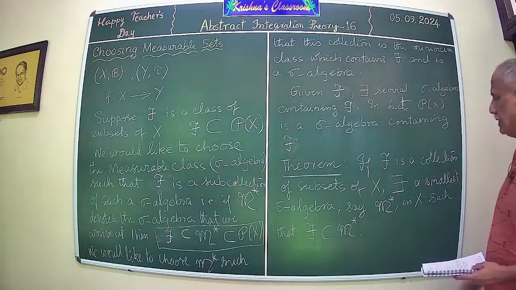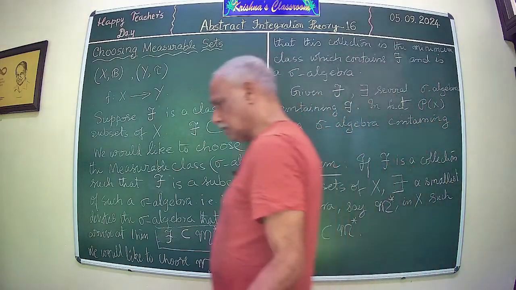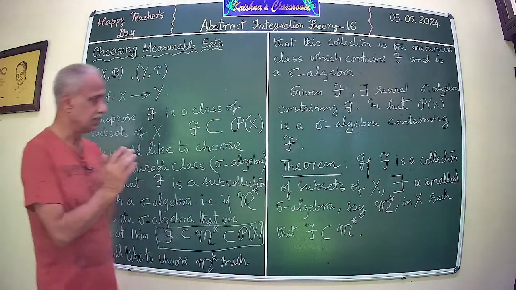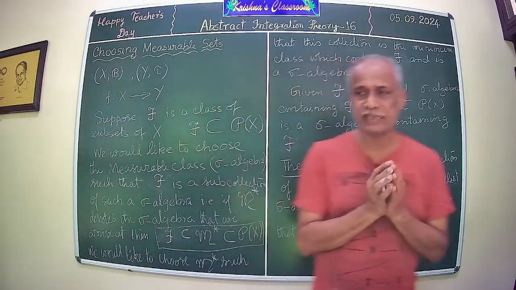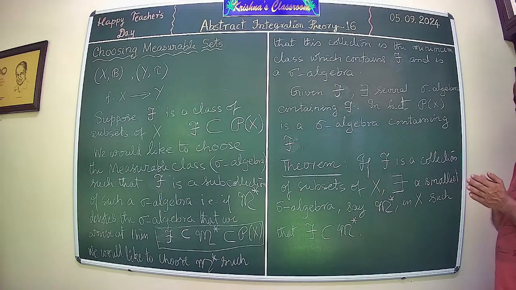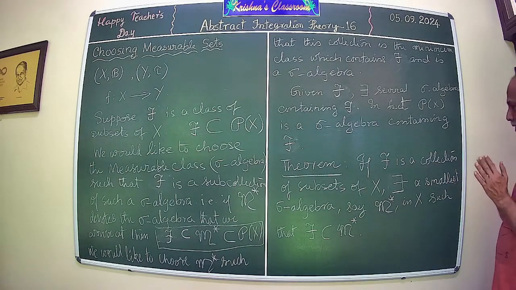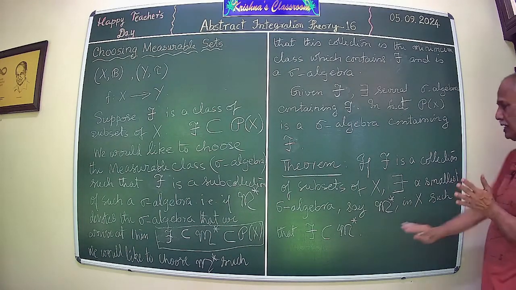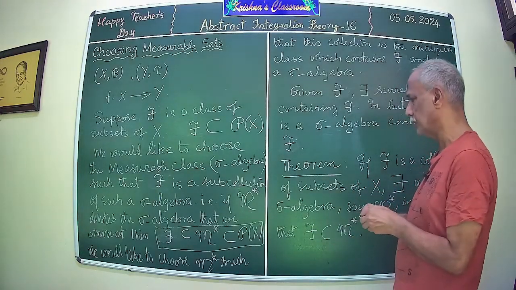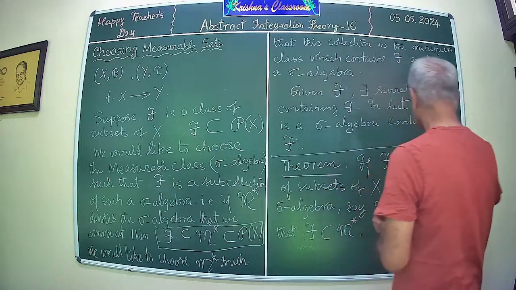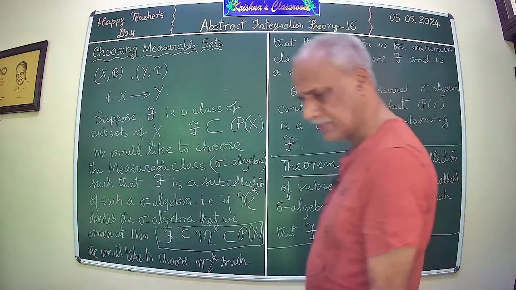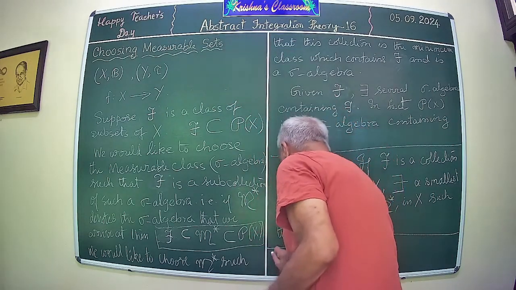So what it says is that if F is a collection of subsets of X, then there exists a smallest sigma algebra that is unique, say M star in X, such that F is contained in M star. So this is the theorem that I'm going to prove. Okay, I have already given the strategy and it's very easy to do.